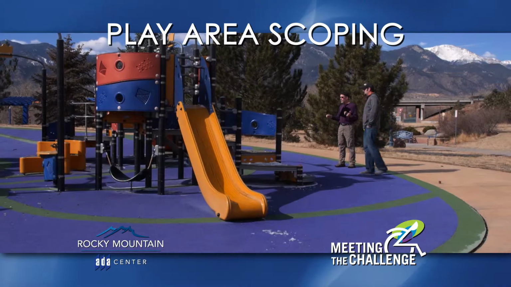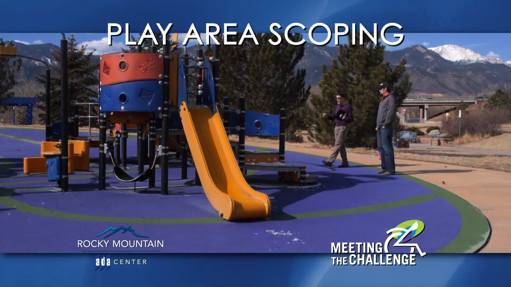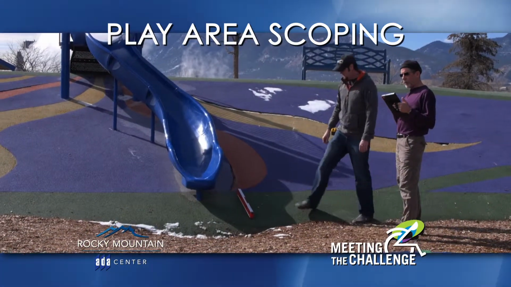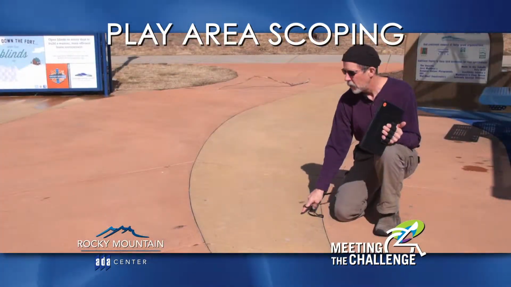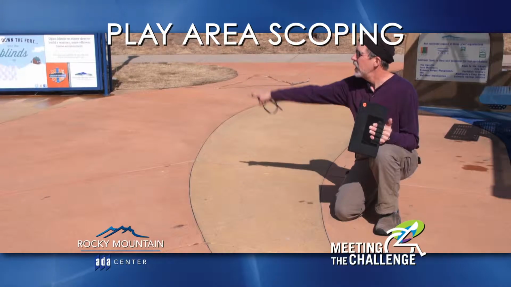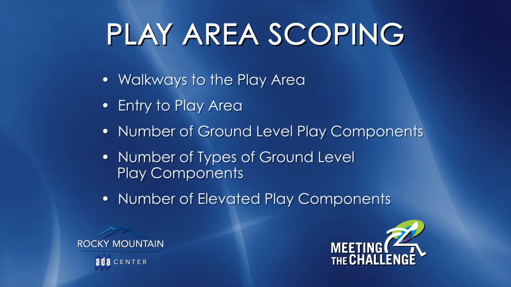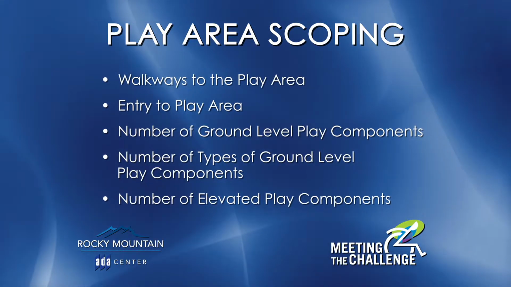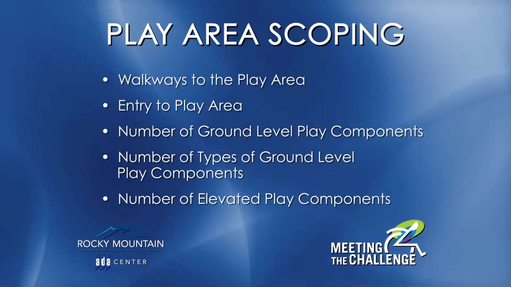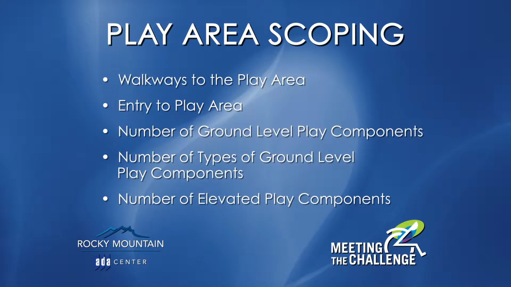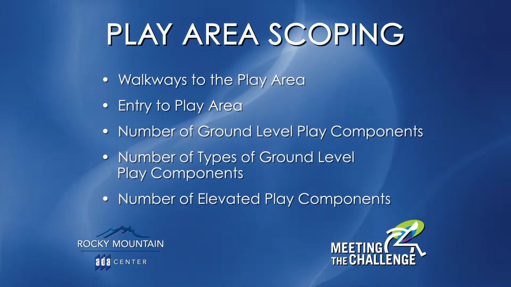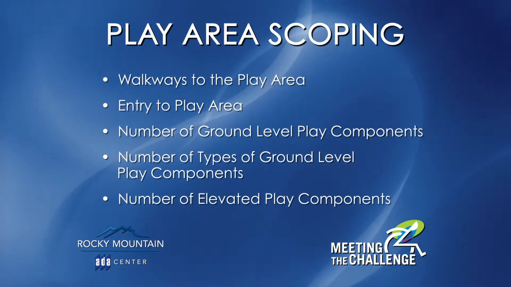Play area scoping, general specifications and observations. The process of surveying the accessibility features of a play area begins with general observations of the play area, including walkways to the play area, entry to play area, number of ground-level play components, number of types of ground-level play components, number of elevated play components.